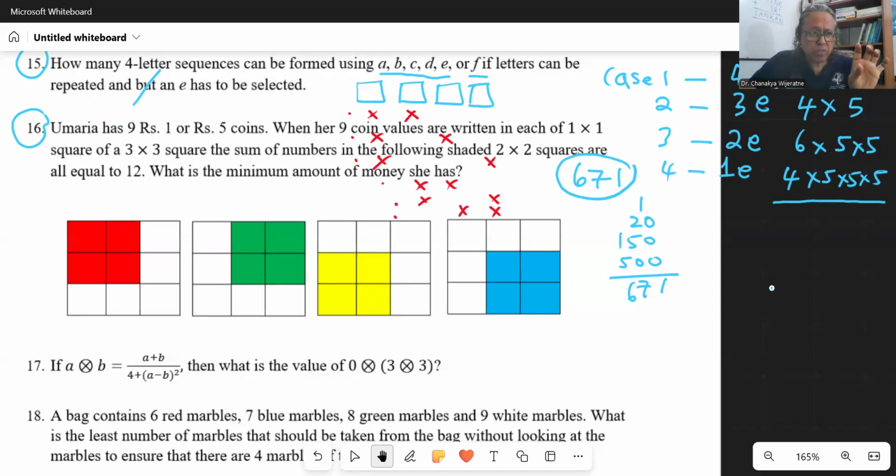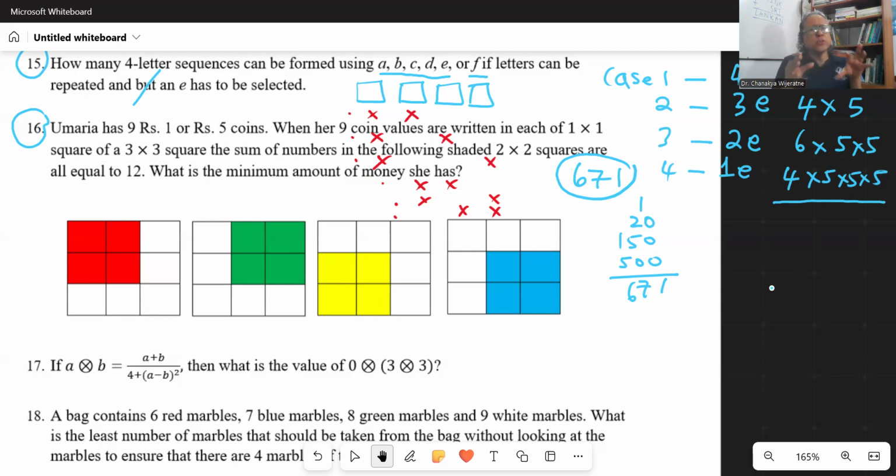And with 2 1s and 2 5s, it is 12. So you can see that there has to be 2 rupee 5 coins and 2 rupee 1 coins to get 12, right? So 2 of the squares in the shaded area should contain 5s, and the other 2 contain 1s. That's how you get 12. There's no other way, right?